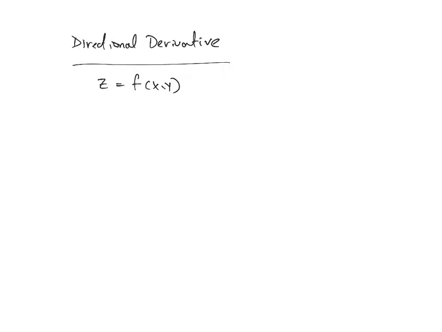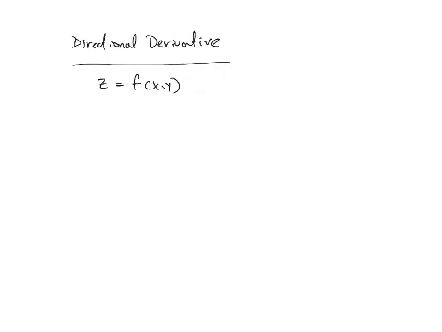We could find it if we're talking about a two-dimensional y is equal to a function of x. We can find it in the positive x direction, or we can find the derivative in the negative x direction. If we're dealing in three dimensions, we can now find the derivative in any three-dimensional direction we choose using the directional derivative. Okay?